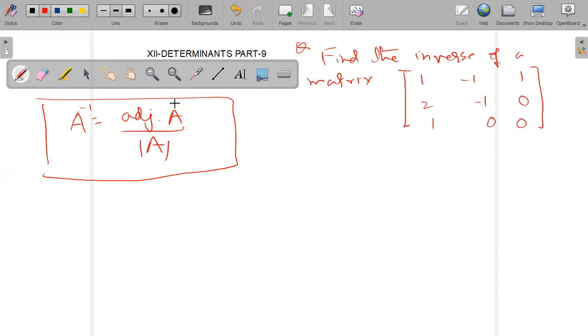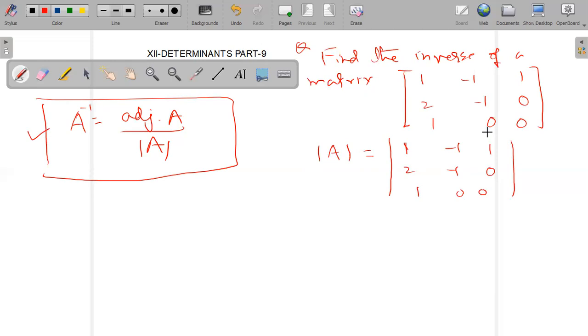You have to find the inverse. As we have seen, we have to find the adjoint and determinant. Of course, it is up to you whether to find the determinant first or the adjoint first. So determinant first: 1 1 minus 1, 1 2 minus 1 0, 1 0 0.